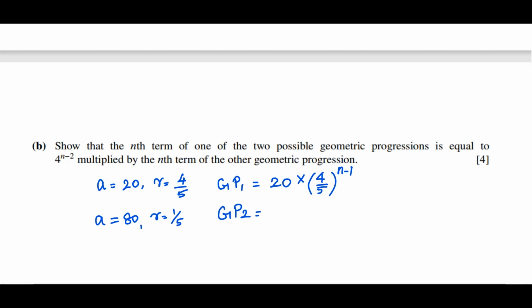Geometric progression 2 is 80 multiplied by 1 over 5, the whole power n minus 1. So it's given one geometric progression is equal to 4 power n minus 2 multiplied by the nth term of the other geometric progression. So to prove that, let's write this as 20 multiplied by 4 power n minus 1 multiplied by 1 divided by 5, the whole power n minus 1.